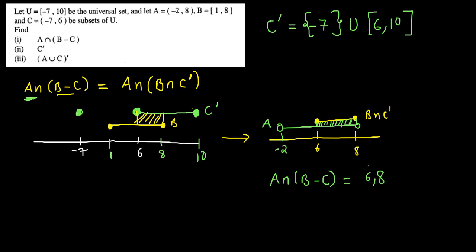But can you see 8 is part of the set B intersection C complement, but it is not part of the set A because it's open there. So 8 is not part of the intersection, so we're going to put open. So this is the answer for this one. The thing is that if you just miss a bracket, you can write 6 and 8 like that, but if you put like this instead of putting this kind of bracket, it's wrong. Does this make sense?